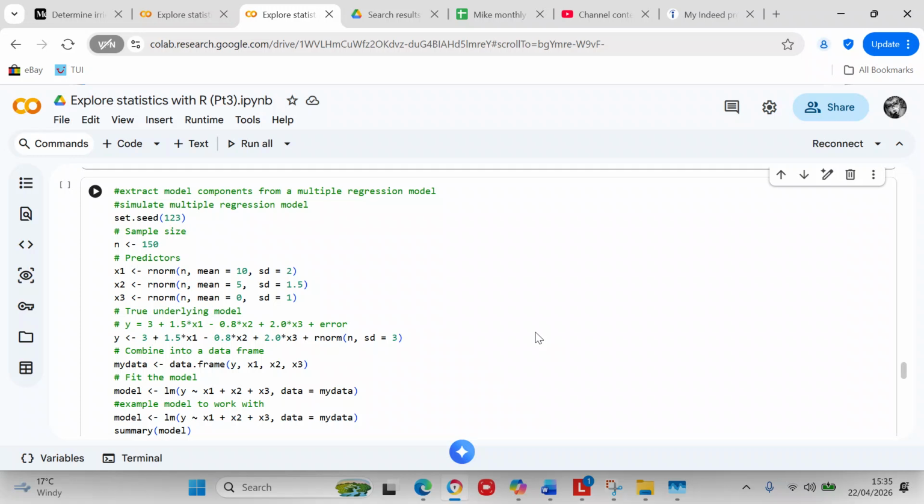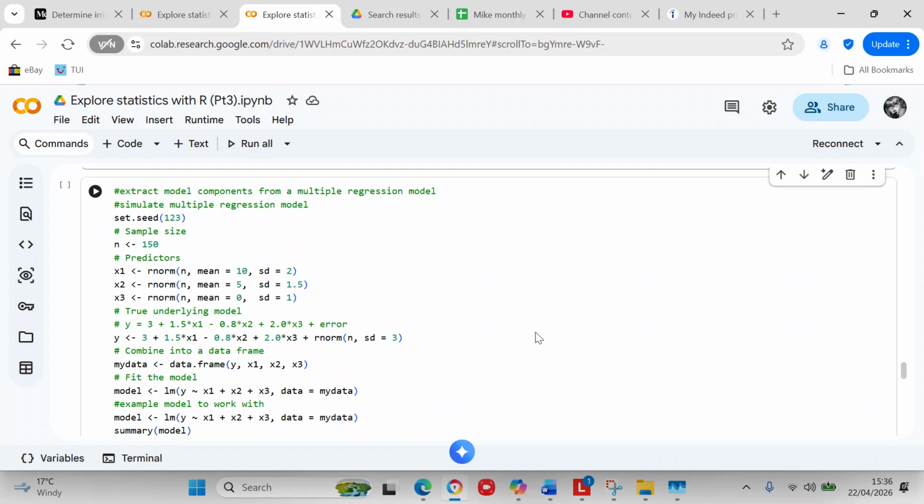And so y becomes 3 plus 1.5 times x1 minus 0.8 times x2 plus 2.0 times x3 plus rnorm, that's a randomly sampled normal distribution, (n), that's 150 samples, and a standard deviation of 3.